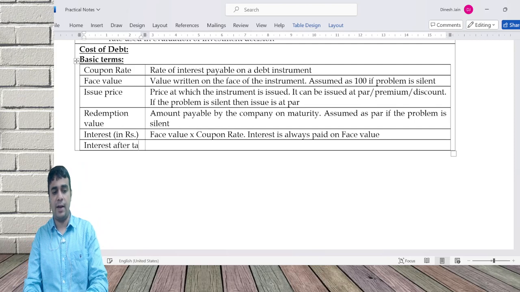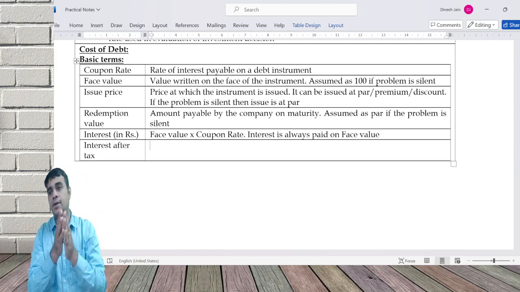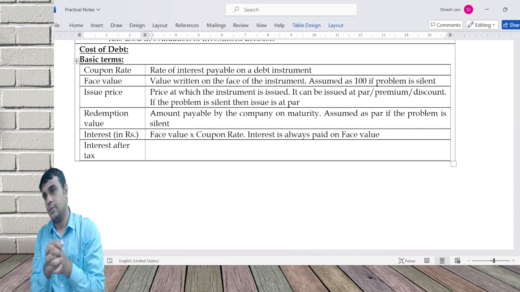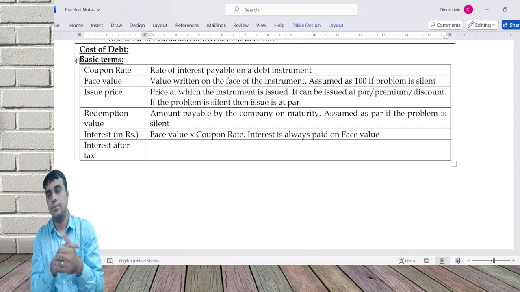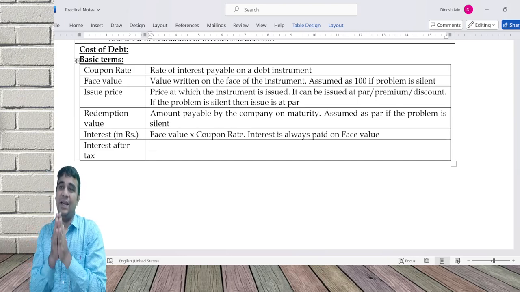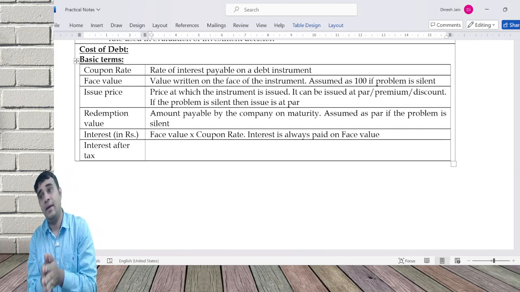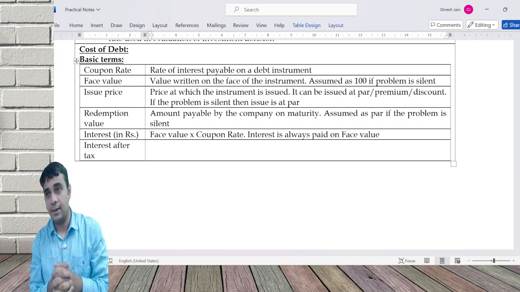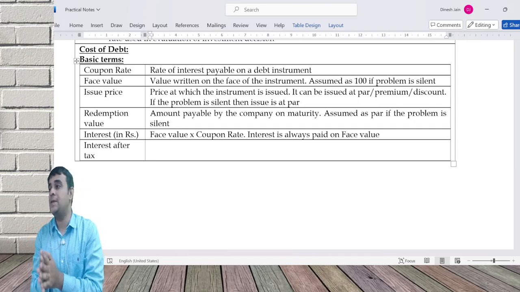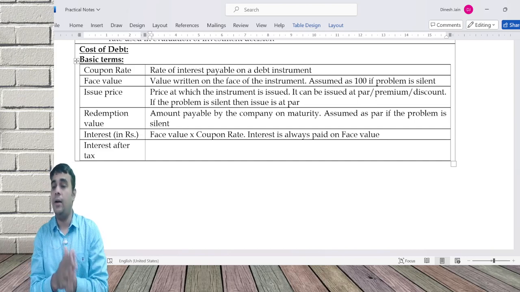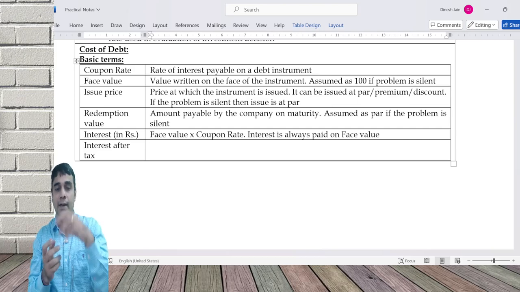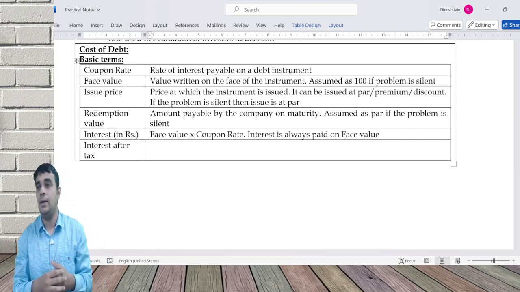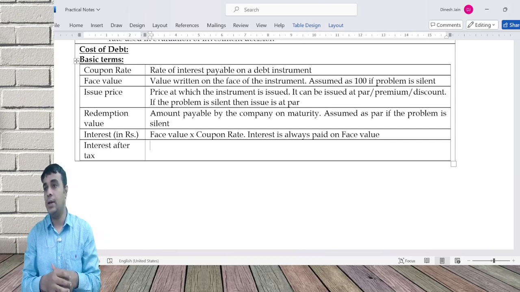Interest after tax. Now the concept is, whatever interest I pay, I get tax benefit on that. So if I'm paying 100 rupees interest, my expense is not 100. 100 into 1 minus tax rate is my expense, because whatever interest I pay is allowed as a deduction in income tax.